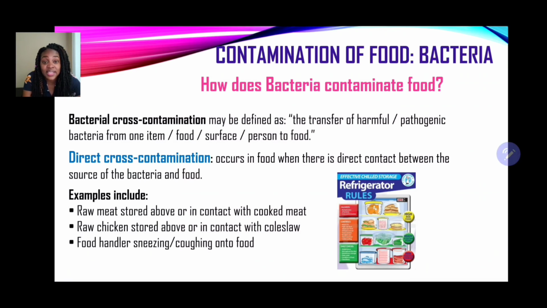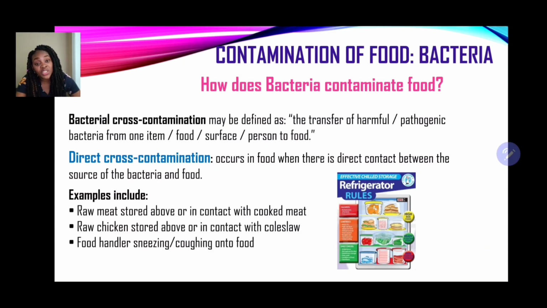So let us look at these examples. Examples of direct cross-contamination include raw meat stored above or in contact with cooked meat, right? Raw chicken stored above or in contact with coleslaw. So remember that coleslaw is a ready to eat item.